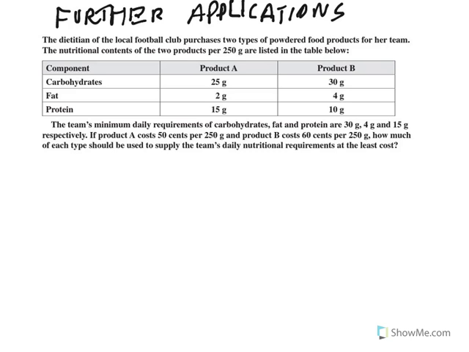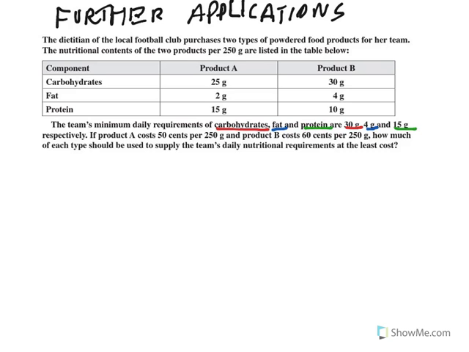So there they are. The team's minimum requirements of carbohydrates, fat and protein are 30 grams, so carbohydrates 30 grams, fat 4 grams, and protein 15 grams respectively.